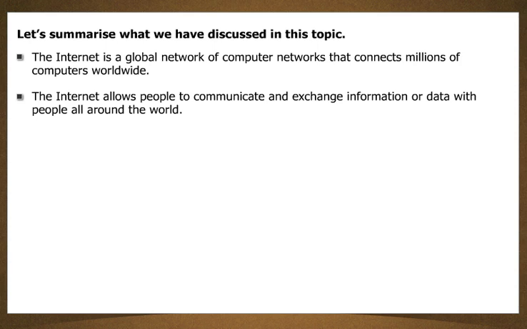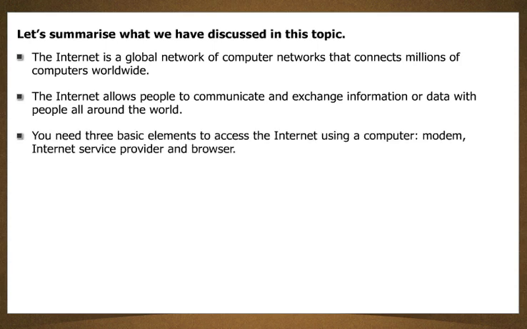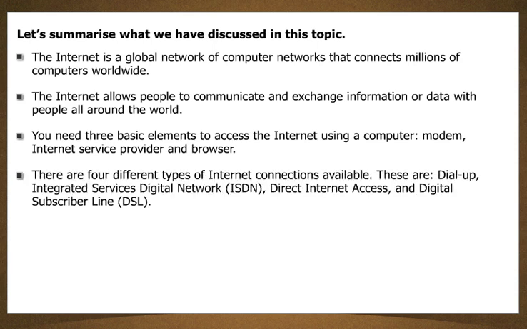You need 3 basic elements to access the Internet using a computer: modem, Internet service provider, and browser. There are 4 different types of Internet connections available. These are dial-up, Integrated Services Digital Network or ISDN, Direct Internet Access, and Digital Subscriber Line or DSL.